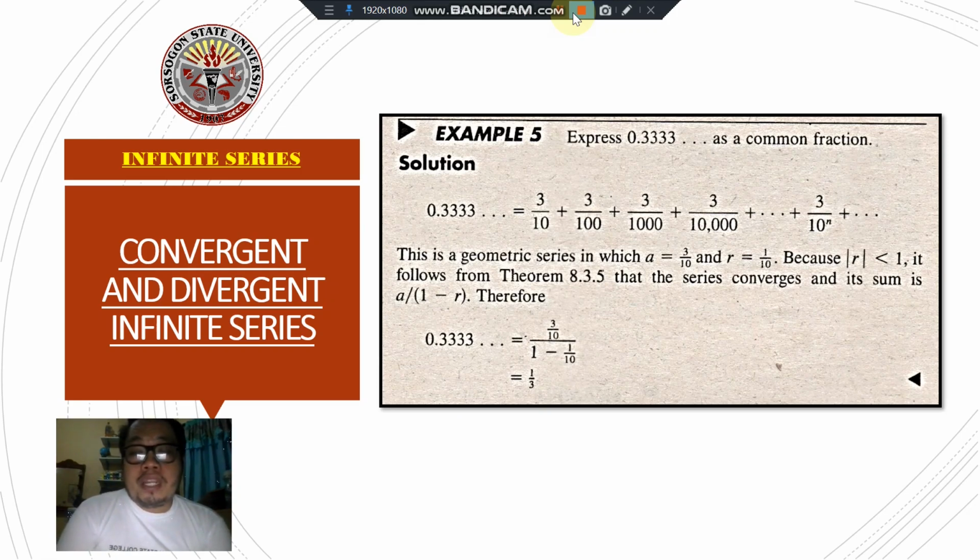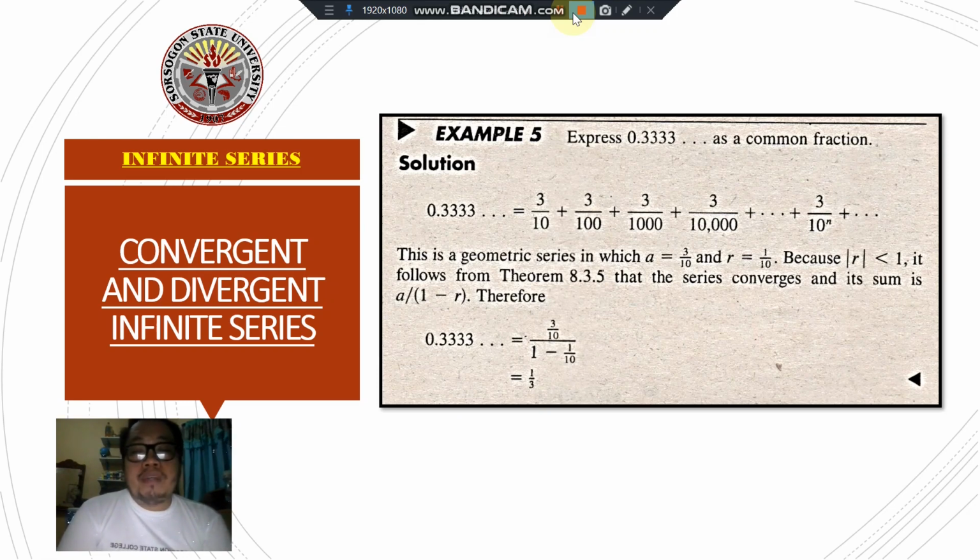So this is a geometric series in which A is equal to 3 over 10, while the common ratio, denoted by R, is equal to 1 over 10. Now, because the absolute value of R is less than 1, based on the theorem that you encountered on the previous slide, the series converges.